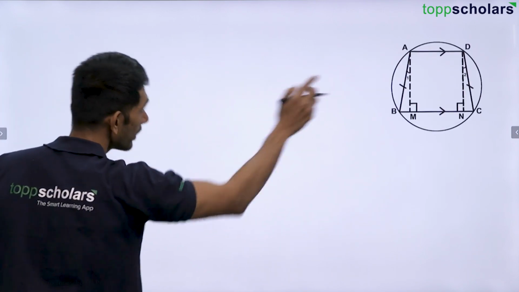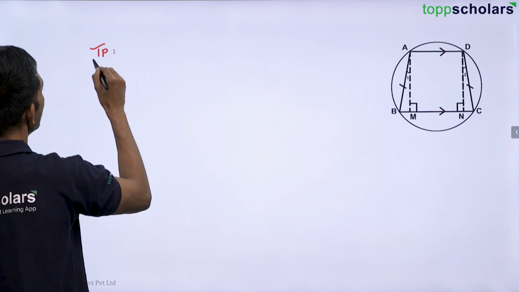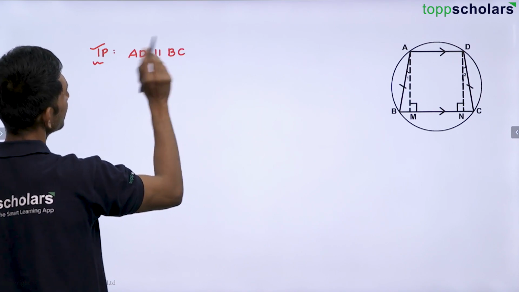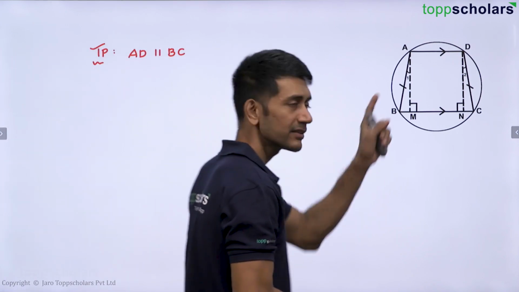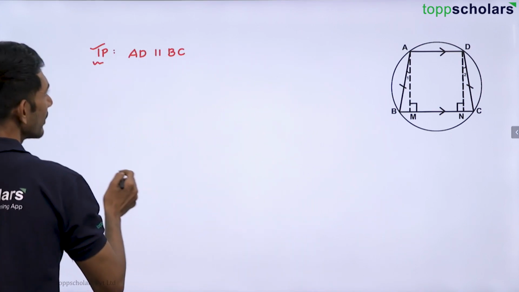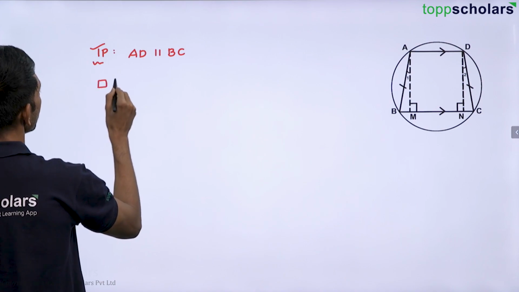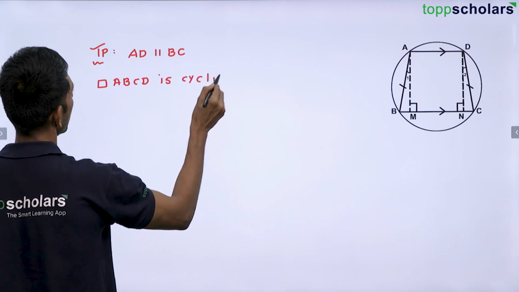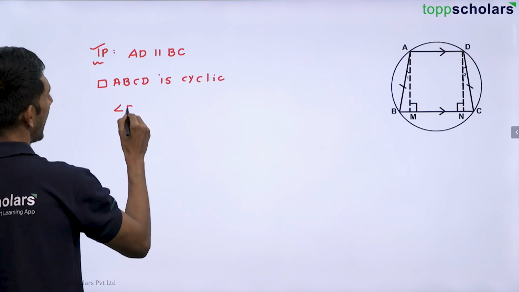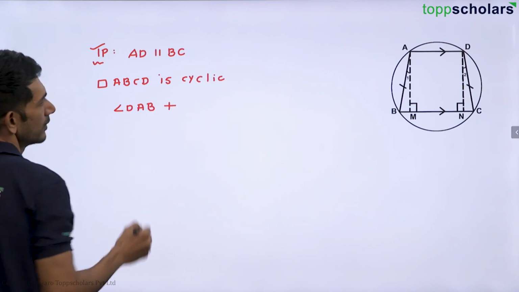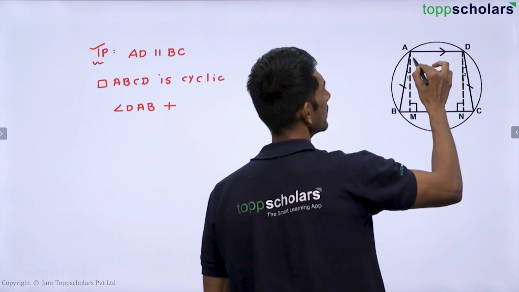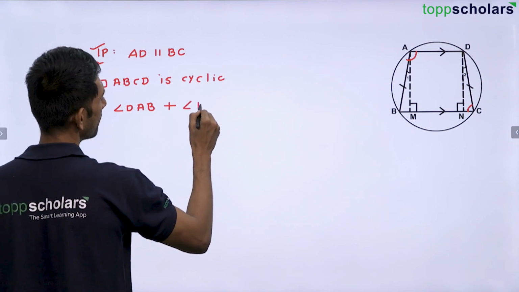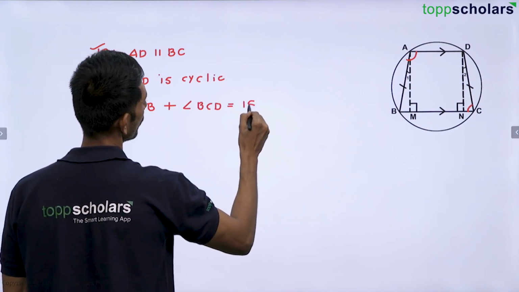So we are proving AD parallel to BC. Let's target this. Now understand, this is a cyclic quadrilateral. So since it is a cyclic quadrilateral, can I say quadrilateral ABCD is cyclic, therefore angle DAB, that is this angle, entire angle, plus angle DCB or BCD, angle BCD is equal to 180.